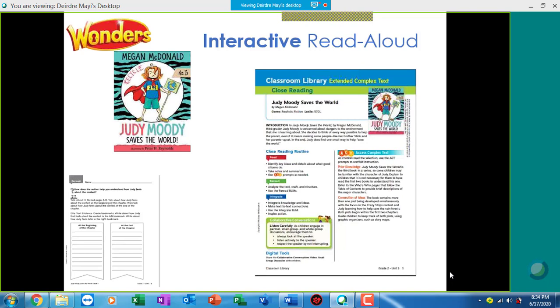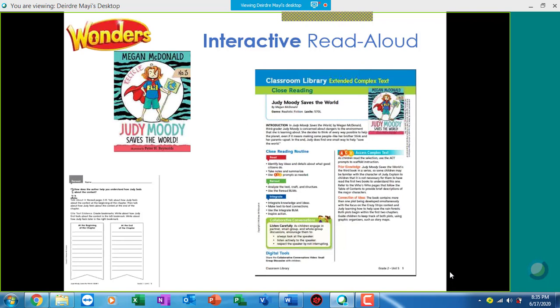We have made available to you some classroom library extended complex text lesson cards. So as you are reading these interactive read alouds, it could be that you will want some support. Well, what kind of support? Support that will help your students engage in collaborative conversation.